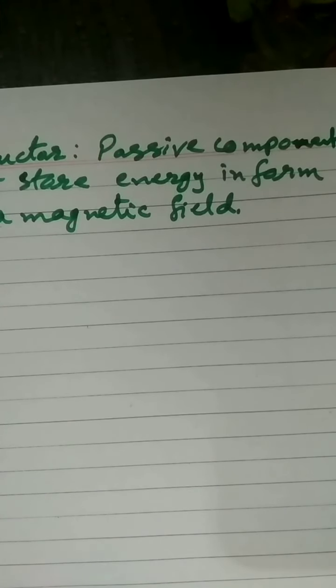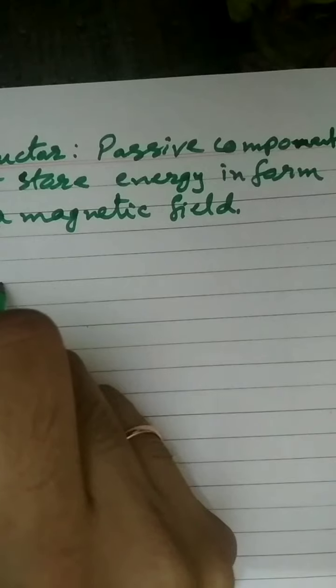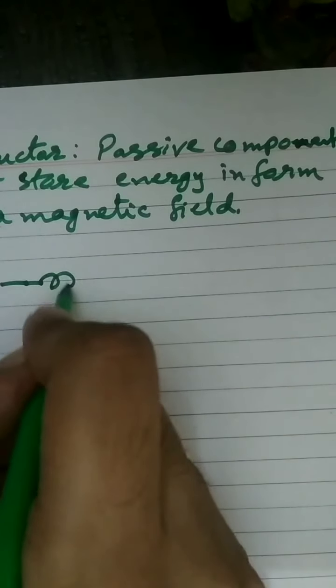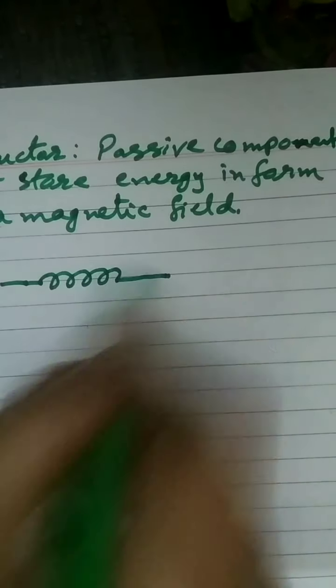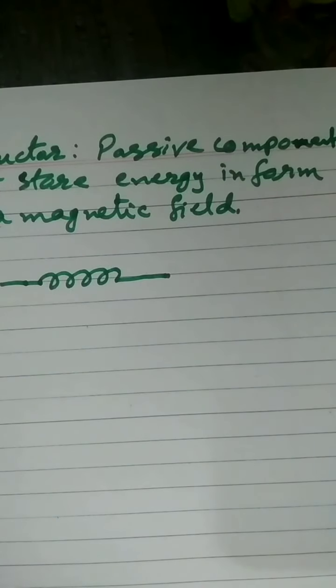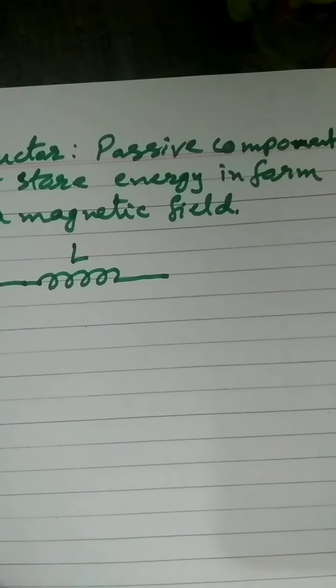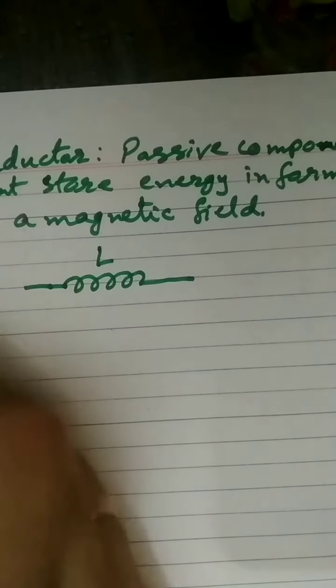In its simplest form, an inductor is considered as a coil of conducting material, and that is represented by this symbol, where the property of the inductor is called the inductance.